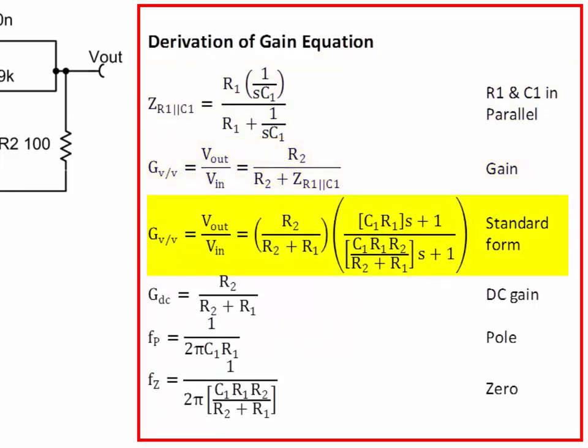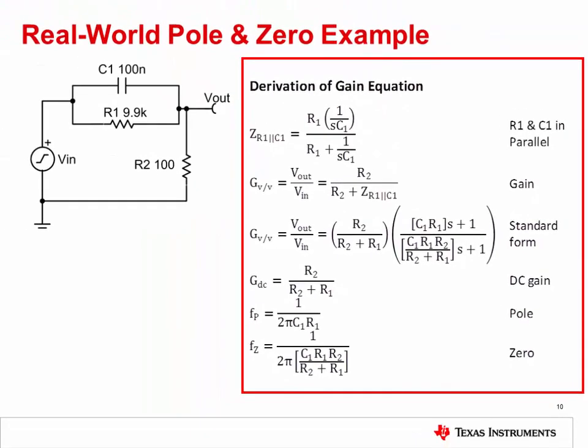Substituting the parallel impedance from above and simplifying, we get the standard form of a transfer function with poles and zeros. In this form, you can determine the DC gain, pole frequency, and zero frequency by inspection. If we plug in the values for R1, C1, and R2 into the equations, we can determine the DC gain and pole and zero frequencies for this example.